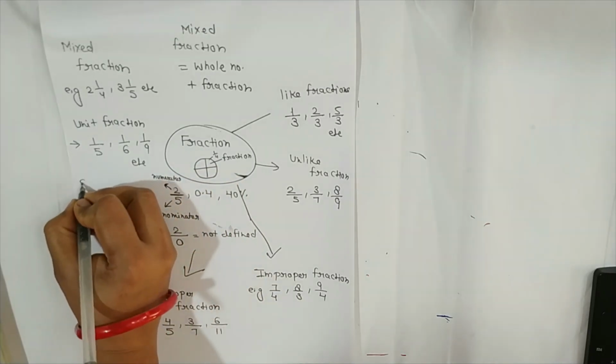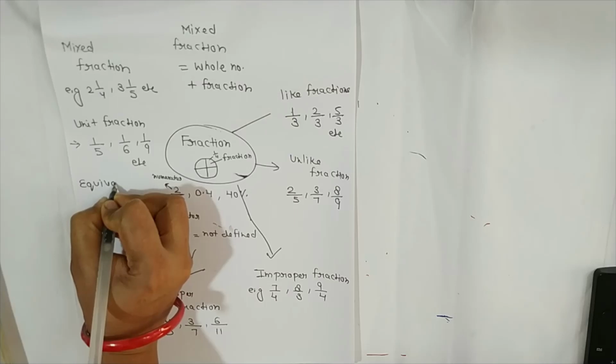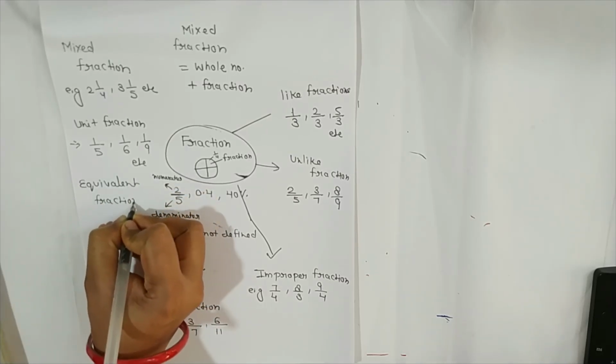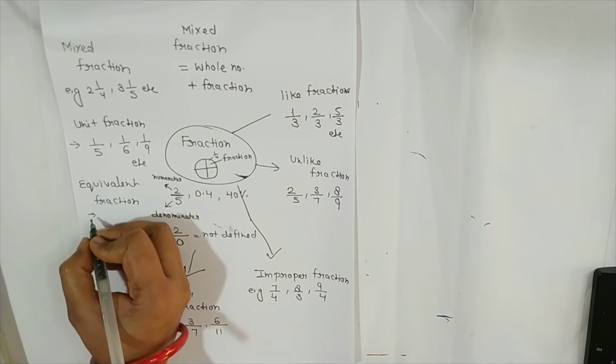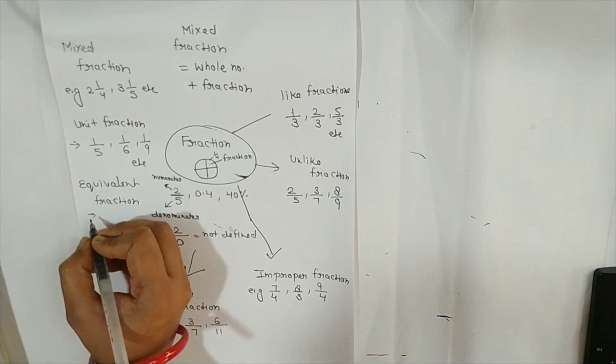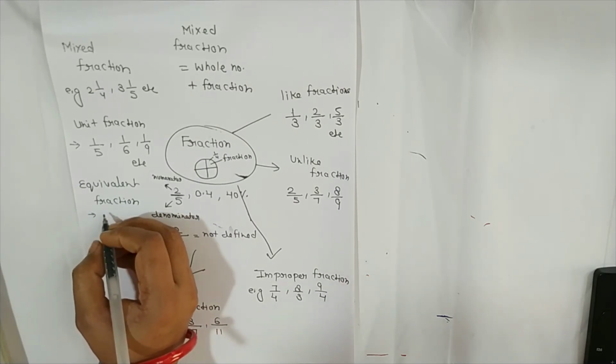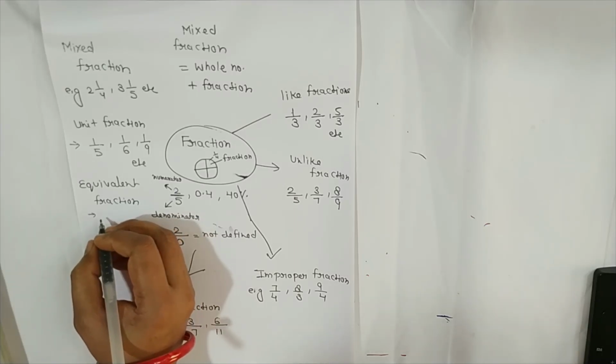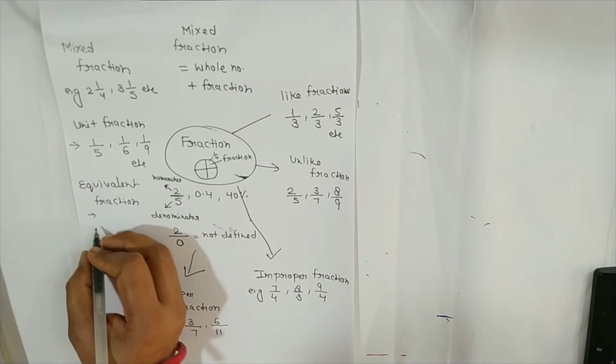Then equivalent fraction. If the numerator and denominator of a fraction are multiplied or divided by the same whole number, not zero, we get a fraction which is equivalent to the given fraction.